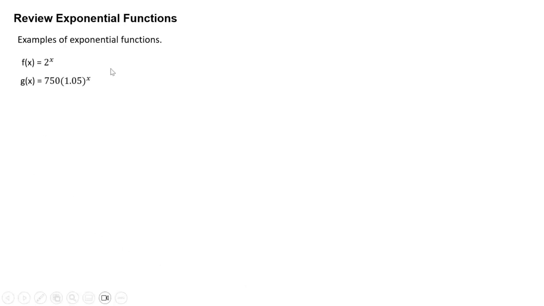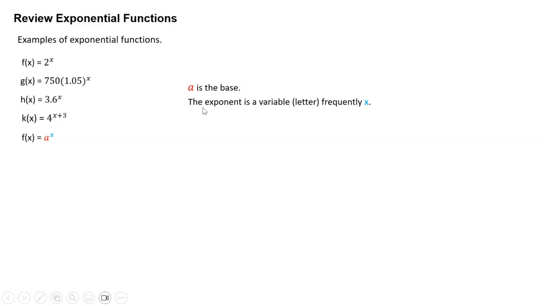Now, these are all exponential functions. This is something that I covered last week. Why? Because the exponent is a variable. That's why these are called exponential functions. Now, the a is a base. The exponent is a variable, which is a letter, but it's not called a letter, it's called a variable. And frequently it's going to be x.